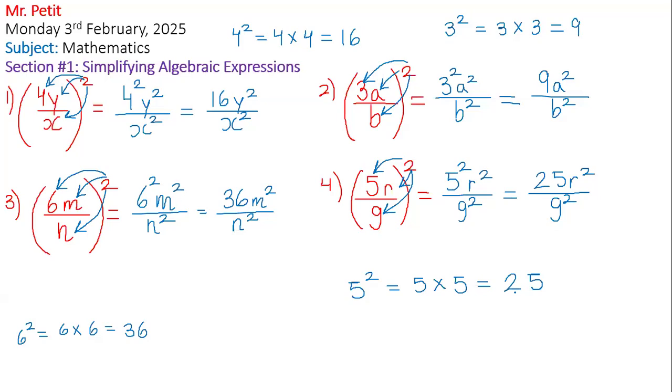We applied it to the 5, to the R, and to the G. That's why we have 5 squared, which is 25, then R squared, and then G squared. So all you have to do is take that 2 on the outside and apply it to each term. Make sense? Yes, sir. Okay, good.